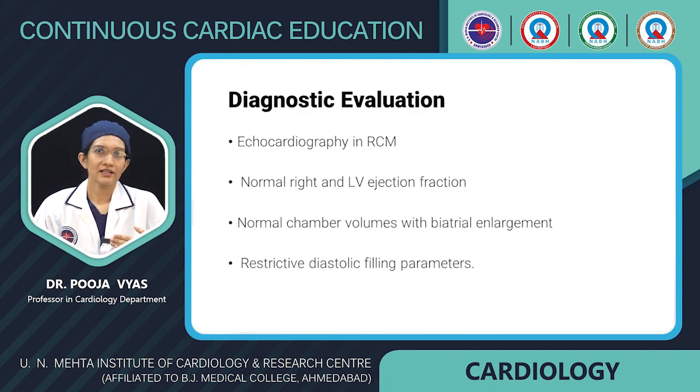If we talk about the diagnostic evaluation, after doing the physical examination comes the echocardiographic examination. Usually the ejection fraction in LV and RV is normal, and normal ventricular chamber volumes with biatrial enlargement will be seen, and there will be restrictive diastolic filling parameters.